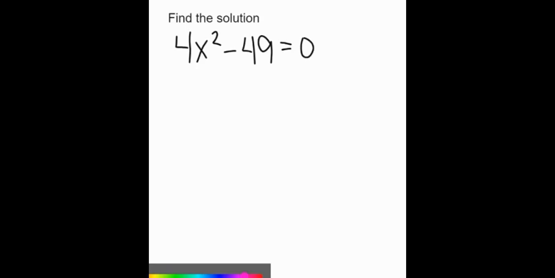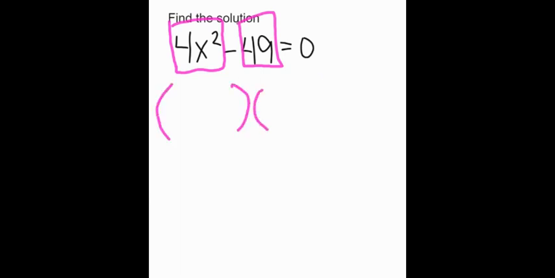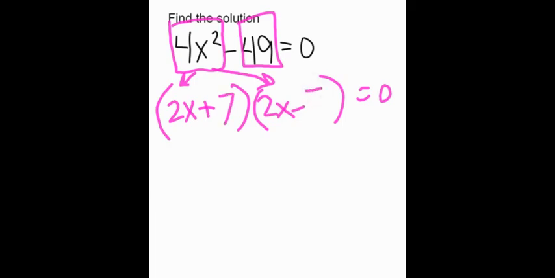Okay, so now if we were factoring, and you look really closely at it, this is a difference of perfect squares. Both of these are perfect squares. So we would make two parentheses equals 0, square root of 4x squared, square root of 4 is 2, square root of x squared is x. And then remember, we put a plus, we put a minus, and then we have a 7 and a minus 7.